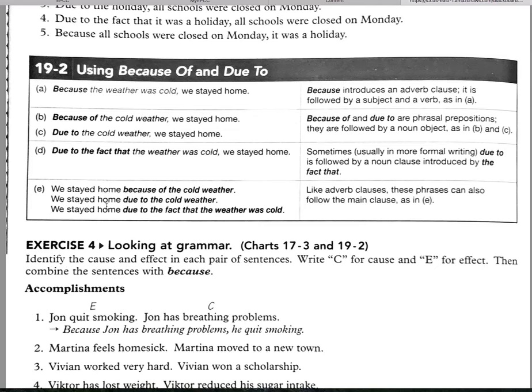And we stayed home due to, and then your formal sequence, the fact that the weather was cold. They all have the same meaning. The difference between B, C, and E is that the main clause comes first in E, followed by the adverb clause. In B and C, because of and due to introduce the adverb clause, so we use a comma also, followed by the main clause.